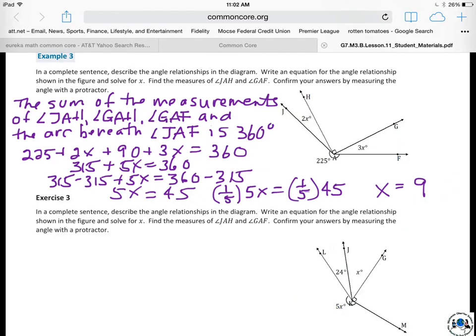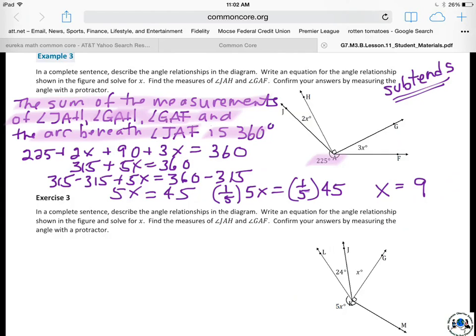Okay, so this one is interesting. Looks a little bit different. If you notice this right here, the way you describe where it's located uses a word called subtends. I'm not sure if this is actually going to come up again, but let me just go ahead and read what I wrote here about describing the angle relationship. I said the sum of the measurements of angle JAH, angle GAH, and angle GAF, and the arc beneath angle JAF, is 360.